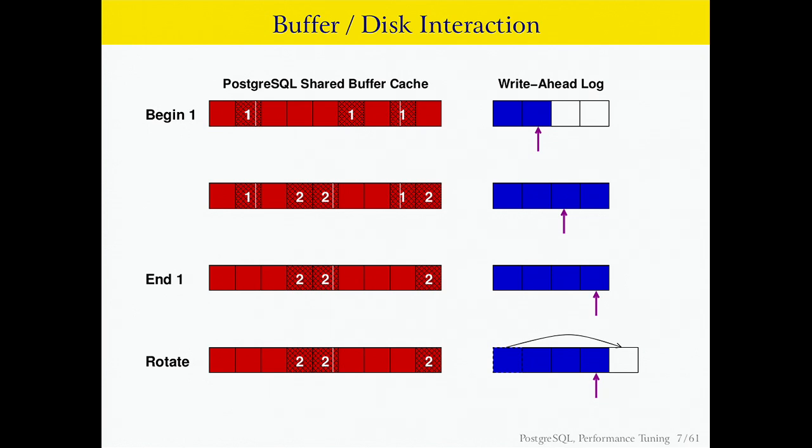So here we've got dirty pages from checkpoint number 1, and the write-ahead log position is here. Then I am dirtying more pages, but this dirty page, for example, got written to durable storage. Then I've written this page and this page to durable storage. And once I've written all of the pages that were dirty at checkpoint 1 time to durable storage, I can take this page, which I'm not using anymore, and move it to the end because I don't need it.